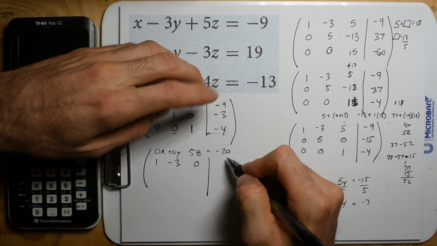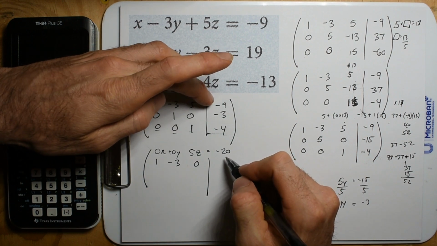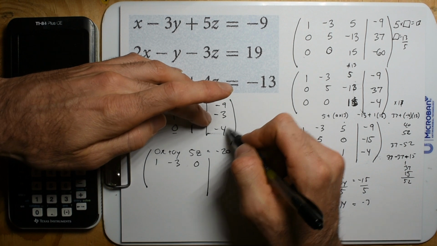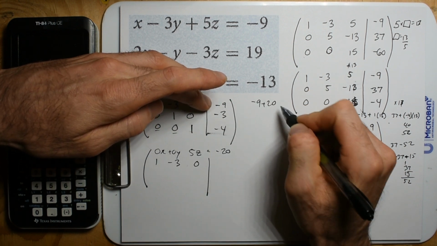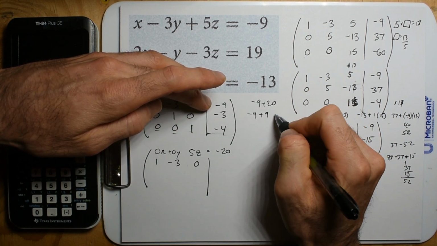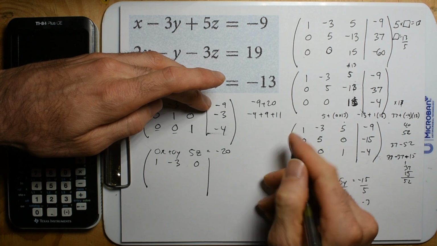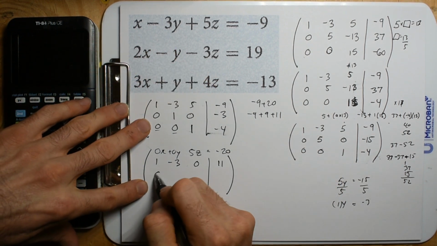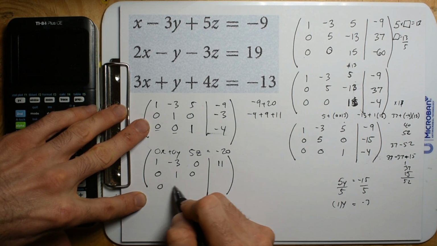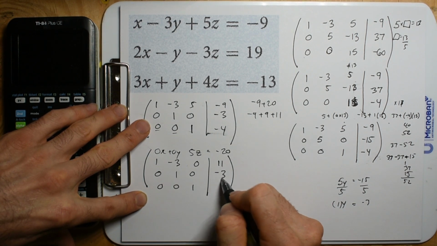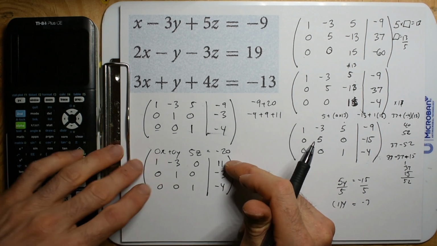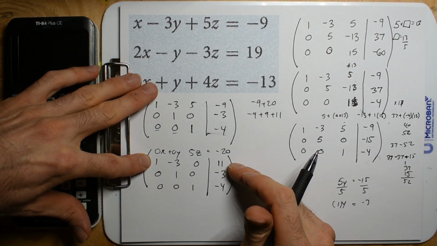And then for this one, it's negative 9 minus a minus, so it's negative 9 plus 20. That was a faster way to do that. So we have 11. So now we have 0, 1, 0, 0, 0, 1, negative 3, negative 4. We're almost ready for this to become a solution.